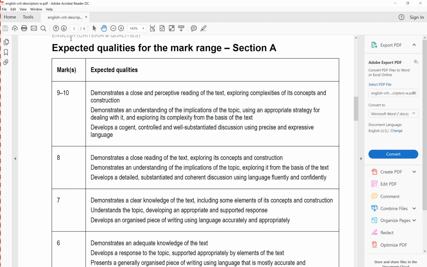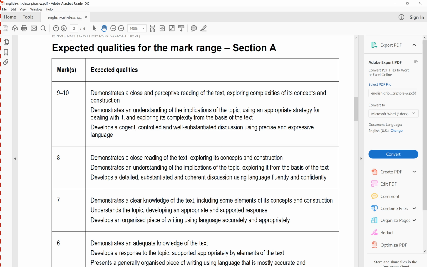So you've got to demonstrate a clear knowledge, and the difference up to 9 or 10 is a close and perceptive reading of the text. So not just showing the knowledge, you have interpreted that knowledge and turned it into your own reading of the text. That just means spending time thinking about the meaning and purpose of each box film, and when you're thinking, writing down some notes.